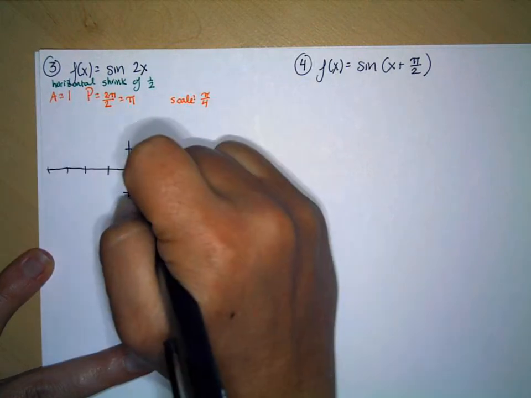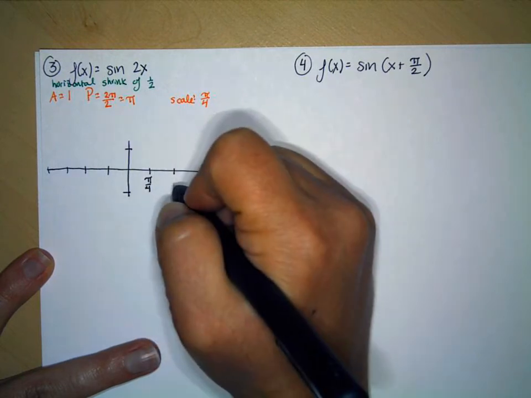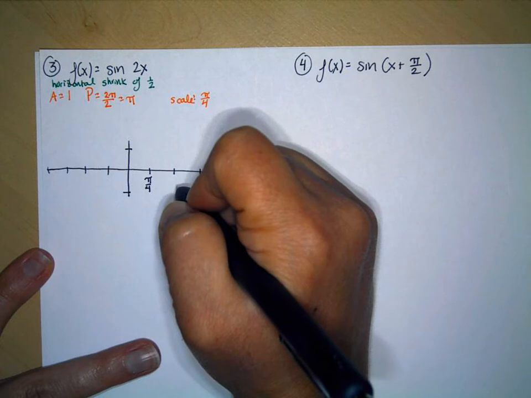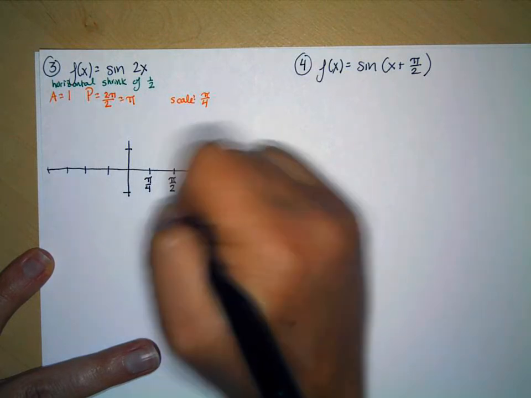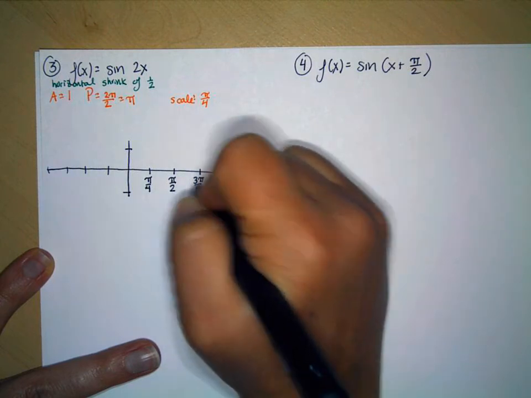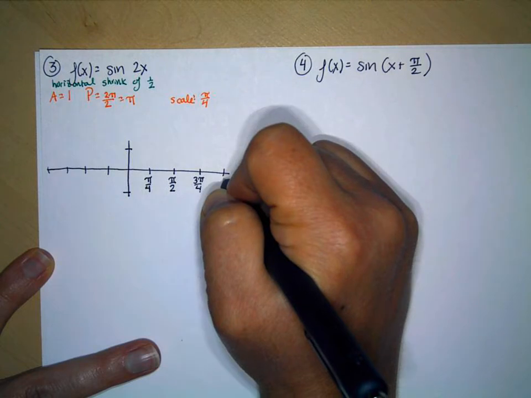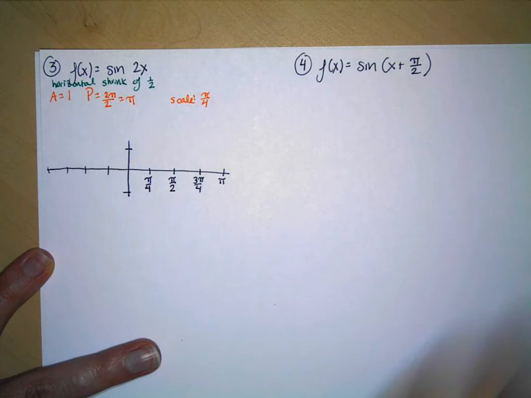So my first mark here is going to be 1 pi over 4. My next mark is going to be 2 pi over 4. Well, 2 over 4 is the same as 1/2. So this is pi over 2. My third mark would be 3 pi over 4. And my fourth mark would be 4 pi over 4. Well, 4 over 4 is 1 whole, so 1 whole pi is pi.